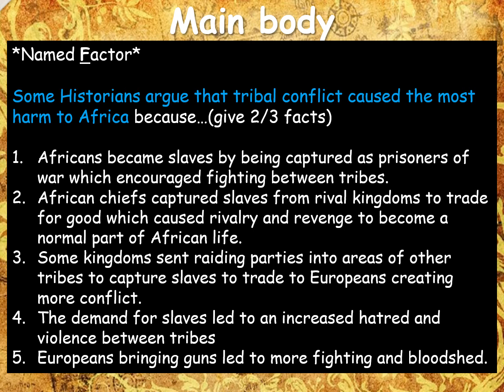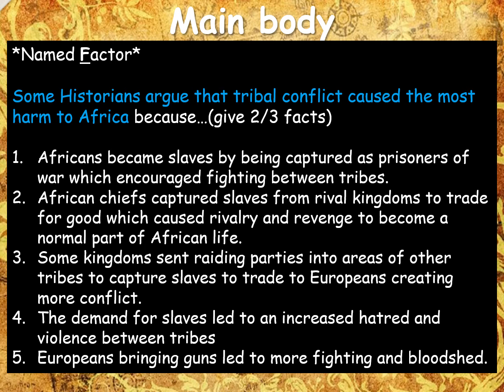Africans became slaves by being captured as prisoners of war, which encouraged fighting between tribes and caused a lot of warfare. Full stop. Then you're maybe going to say, African chiefs captured the slaves from rival kingdoms to trade for goods, which caused rivalry and revenge to become a normal part of African life. This was obviously a negative impact.